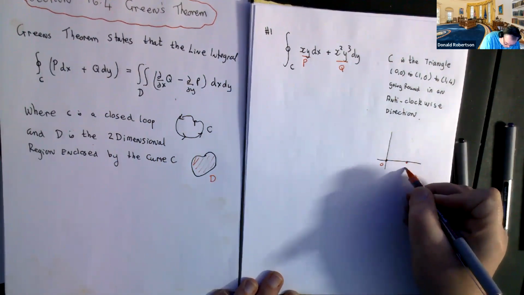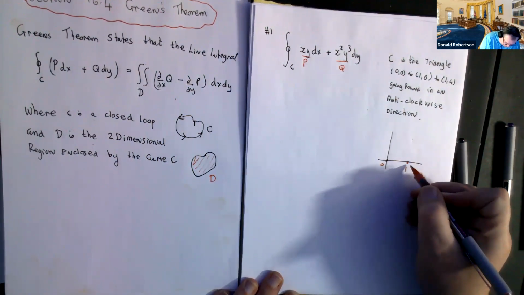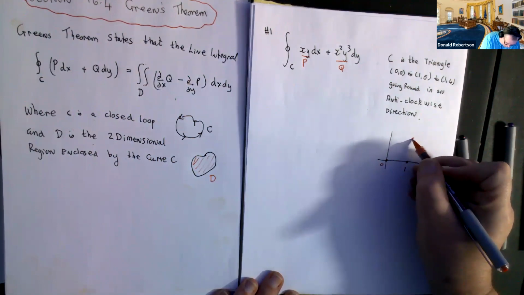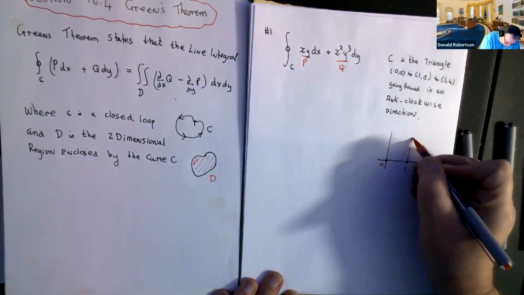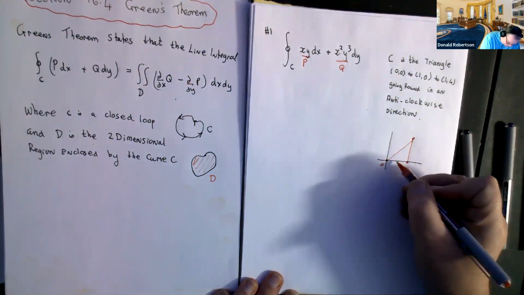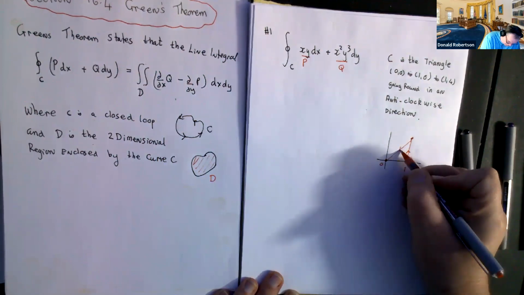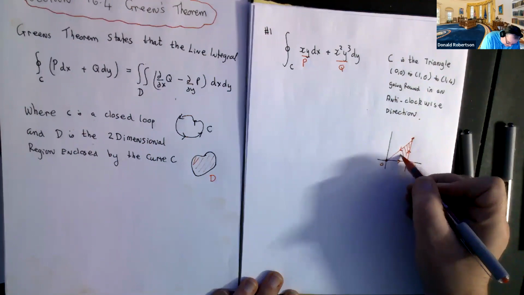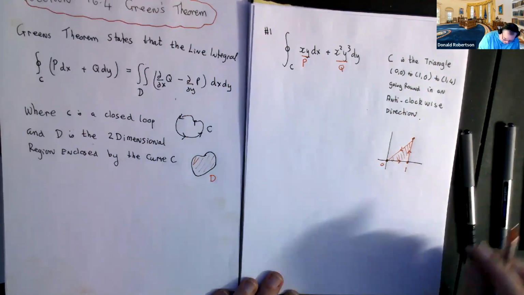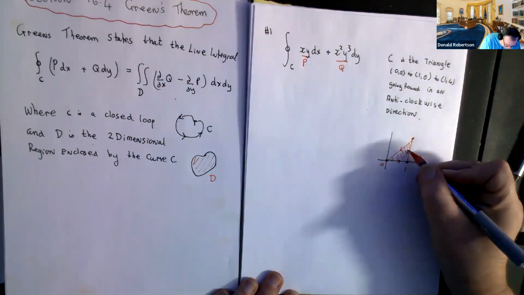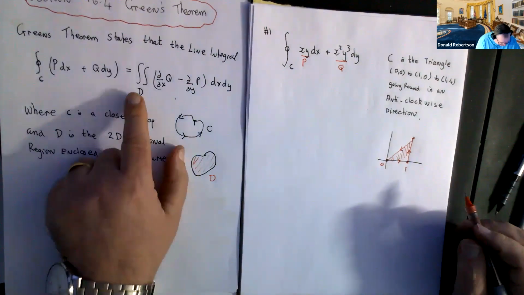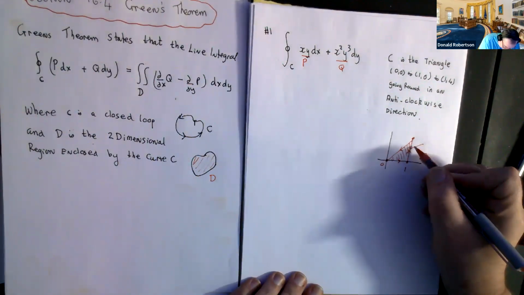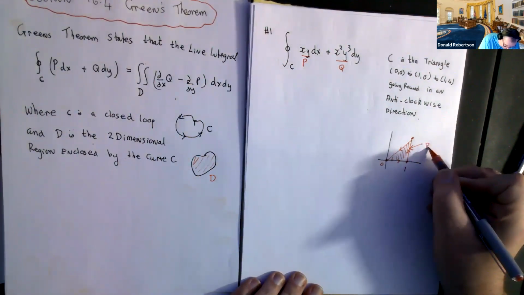It's 1, 0, and then it's 1, 4. And then you come back home again. And we're going to go round it in that direction. So this shaded area here is what we call the region D. So this guy here is region D.